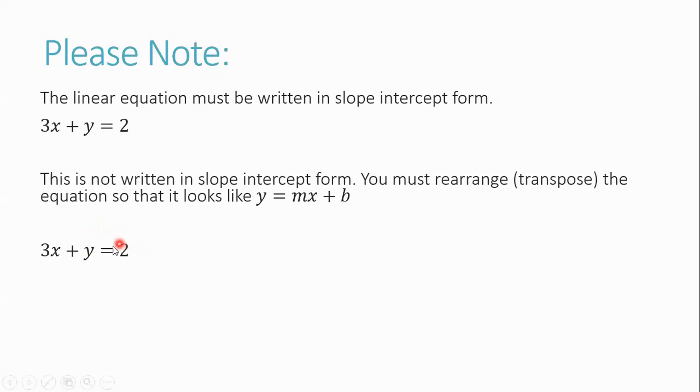So everything that's not y on the left-hand side, I need to put on the right side. So this 3x needs to be moved over to the right side. And if you remember your rules of algebra, when you take something over the equation sign, the inverse happens. So this is positive 3x, so when it comes over to the right side, it'll be negative 3x.